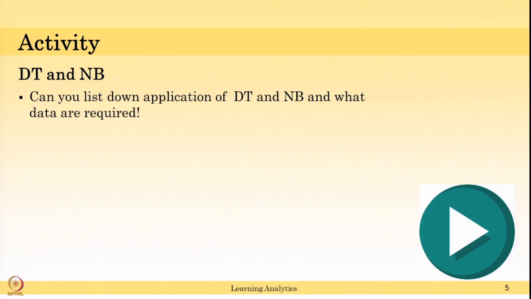Can you list down applications of decision tree and naive Bayes, what data is required, what features are required, what the categories in the features are, and what the decision making values in the features are? This is based on what you now know about decision tree and naive Bayes, and the 3 applications in papers you have seen. Can you list down some applications of decision tree in learning analytics, or data from the learning environment?